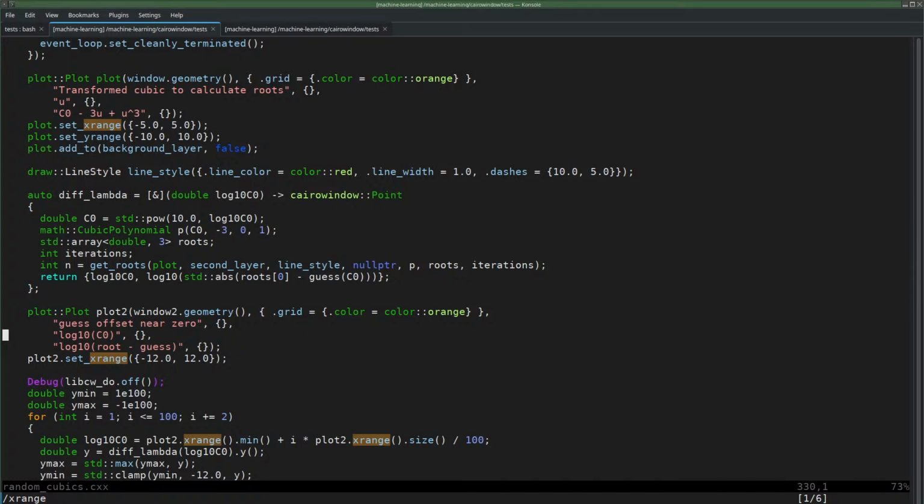Maybe I should just make a third window. Yeah, why not?